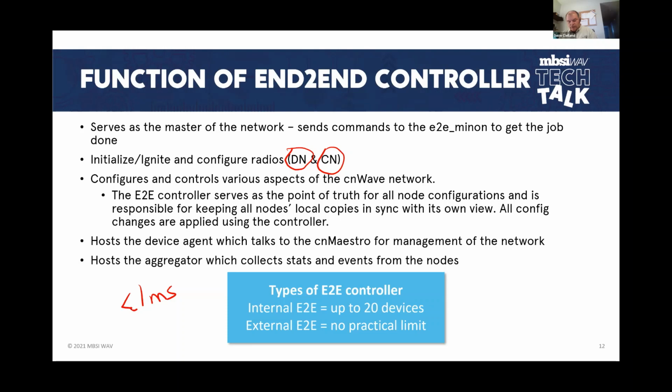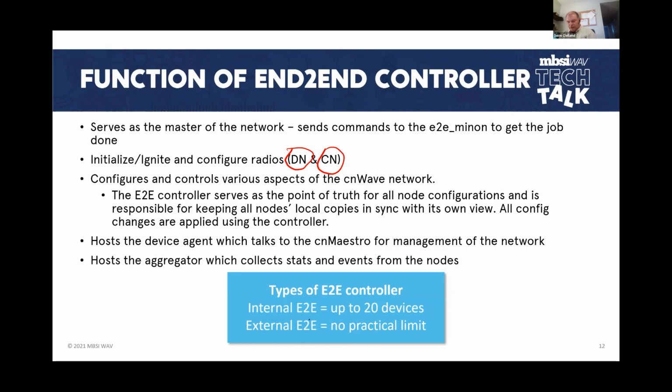So we're talking about a latency of less than a millisecond, and so the controller needs to work very fast. When a mesh link fails, it is established in another direction very, very quickly.